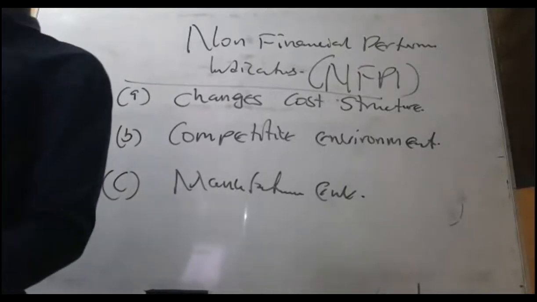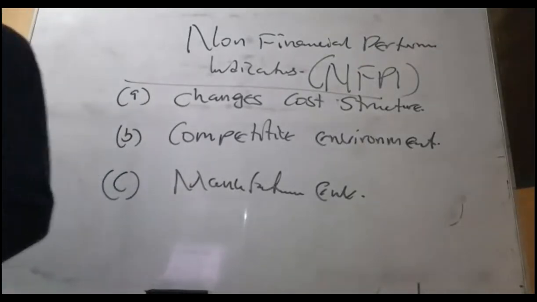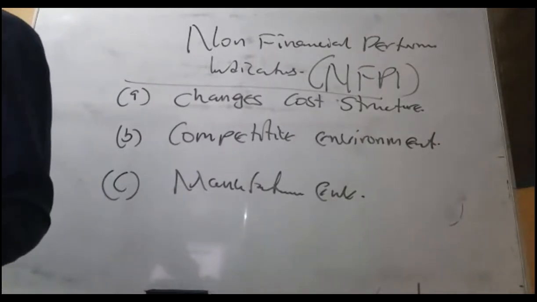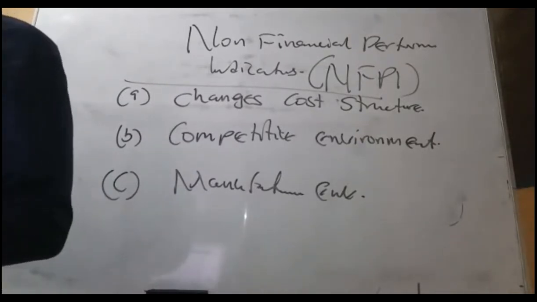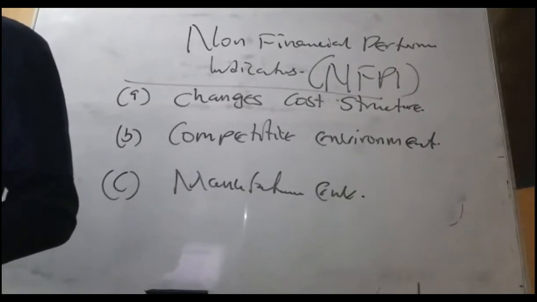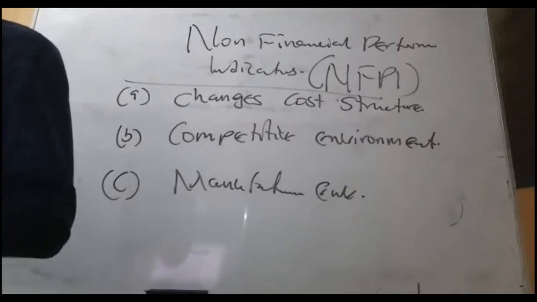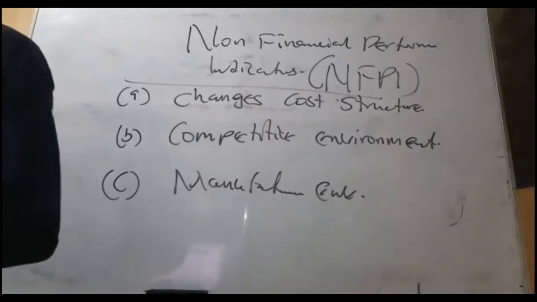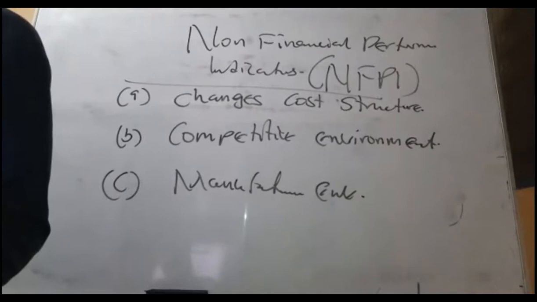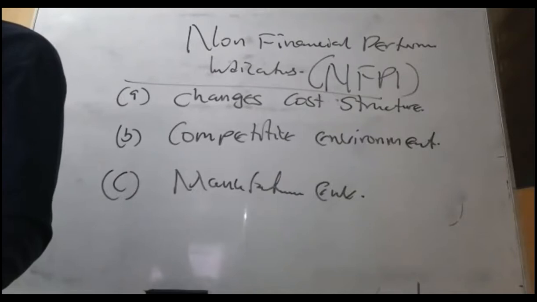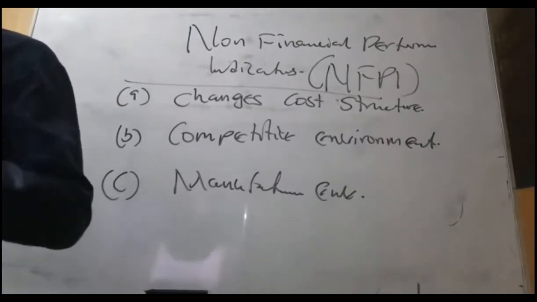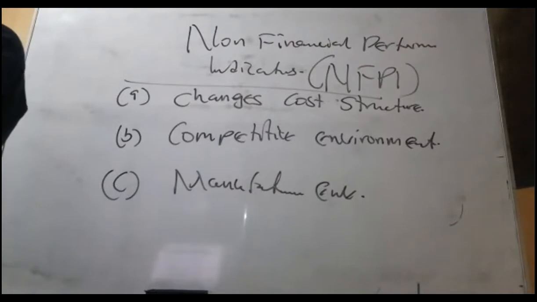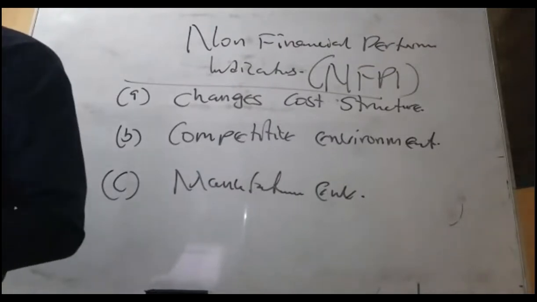Now, with the financial indicators, few variables, the performance measurement normally focuses entirely on those factors or items which can be expressed in monetary terms, which is very, very bad. Because they put much concentration on few items, the non-financial are neglected. Good. So that is it.